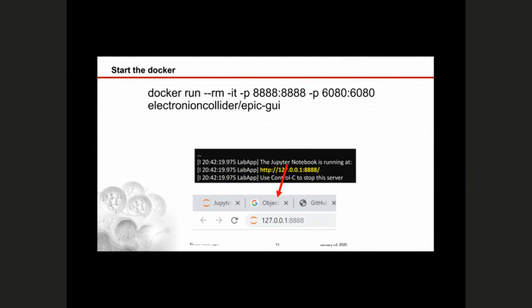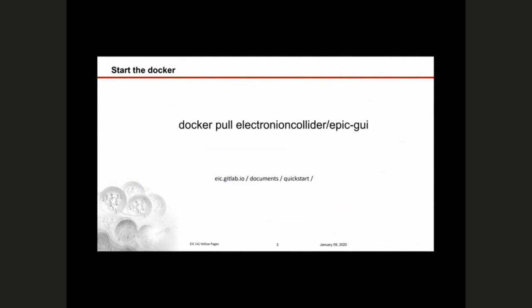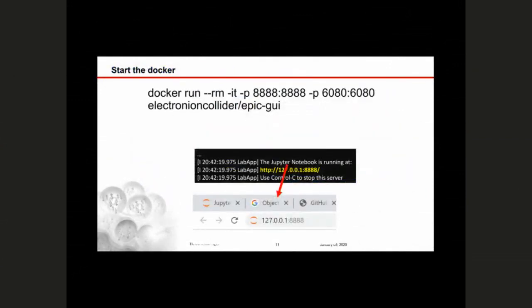So please, if you haven't downloaded Docker, let me get to the link. First, run this docker pull electronioncollider epic. And if you've already done this, please run this command in your console. It's a little bit longer than the previous one, because now you have to write electronioncollider.